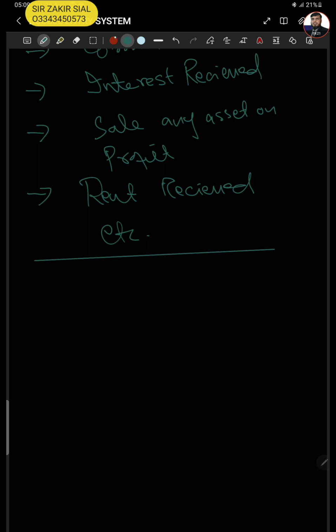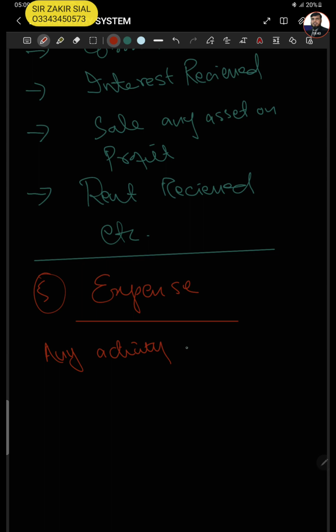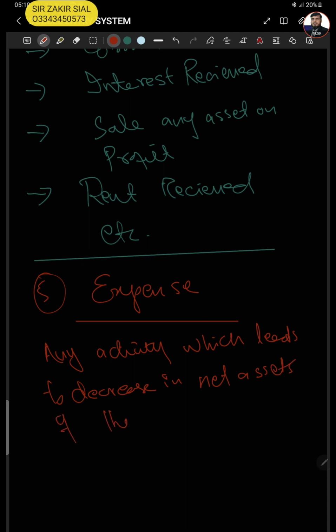Next is expenses. An expense means any activity which leads to a decrease in net assets of the business.